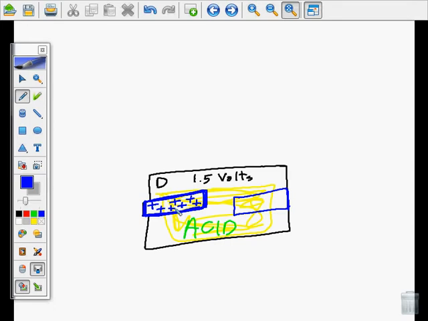Meanwhile, the other piece of metal is having a different chemical reaction over here, and this chemical reaction is producing extra electrons. And as the reaction continues, more extra electrons are produced on this particular piece.